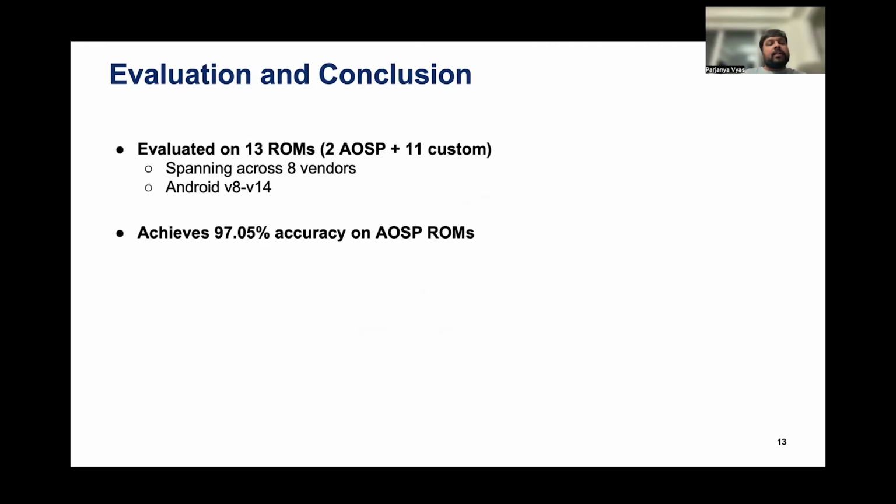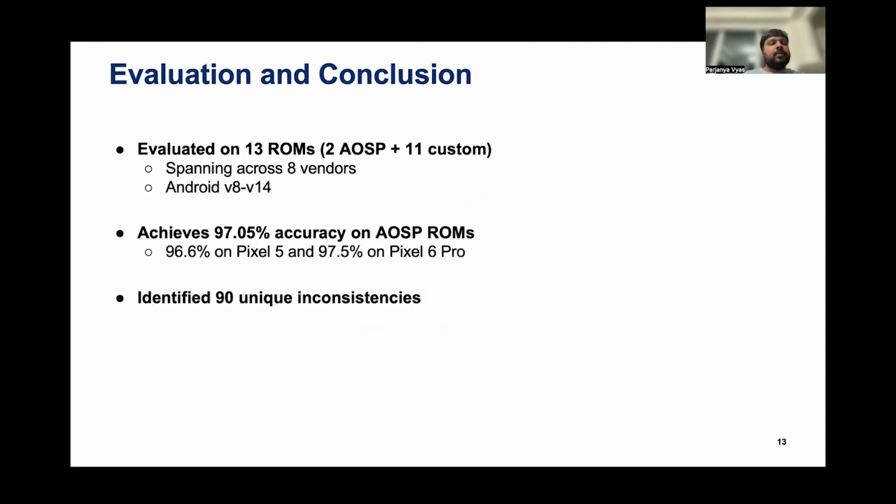And we found that Ariadne achieves around 97% accuracy when applied on AOSP ROMs, because AOSP ROMs are the ones where we have ground truth. We assume that all AOSP APIs are perfectly secure, which is in line with previous work. So this allows us to identify false positives, and the accuracy that we get is about 97%.